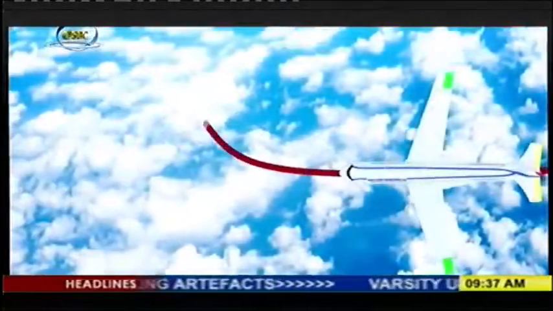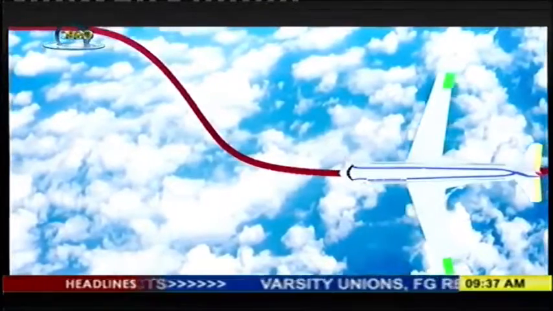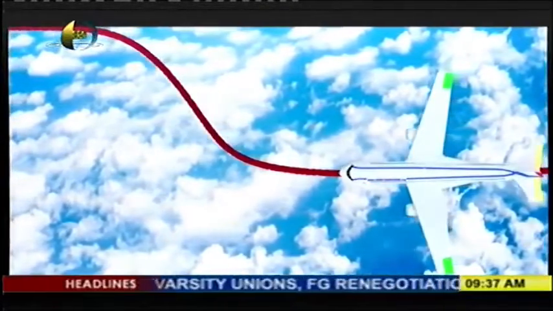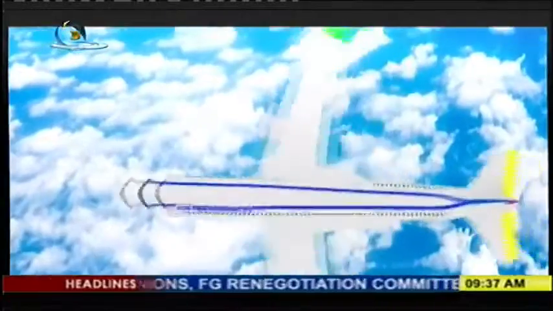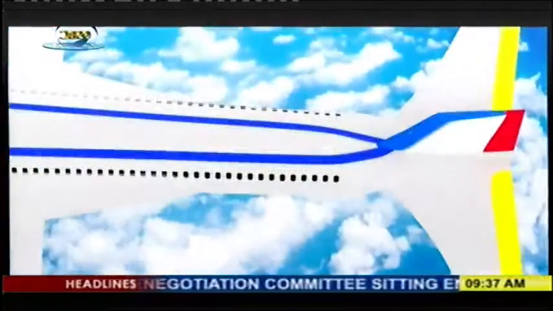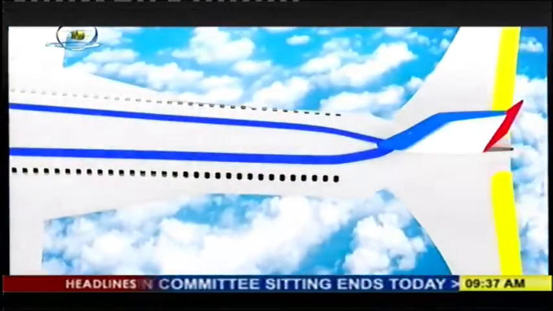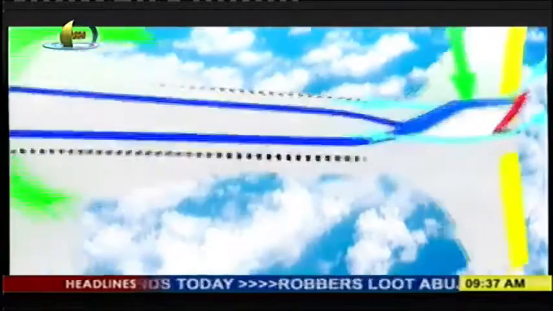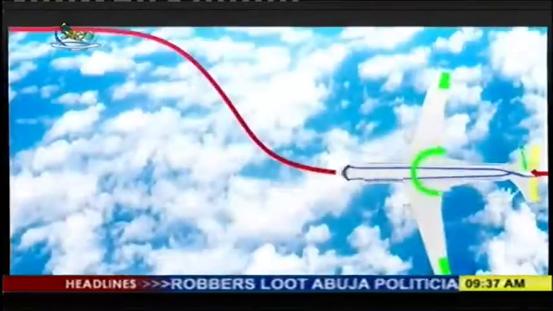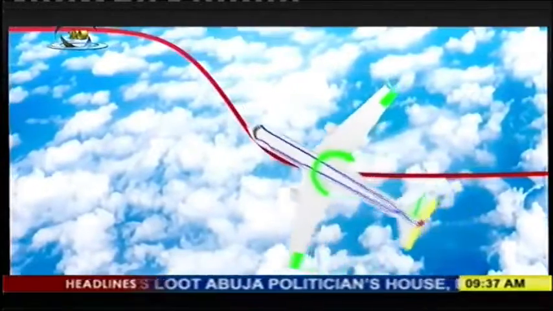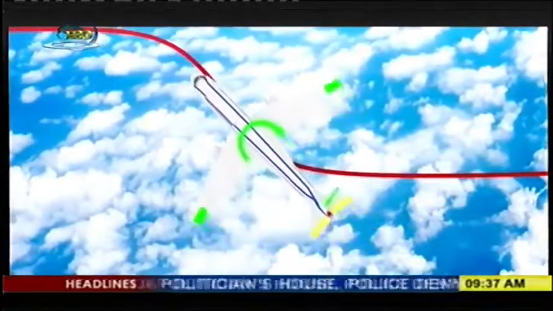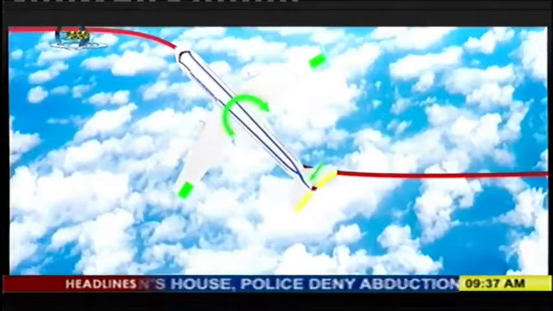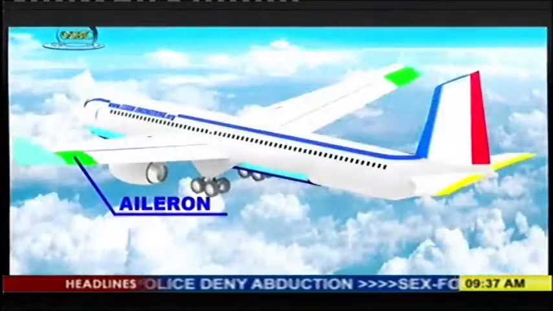Now, let's assume the plane has to change its path. Just turn the rudder. Of course, turning the rudder will produce a lift force and make the airplane turn as shown. But such a sudden change in flight direction may cause passengers discomfort. The professional way is the use of the aileron.